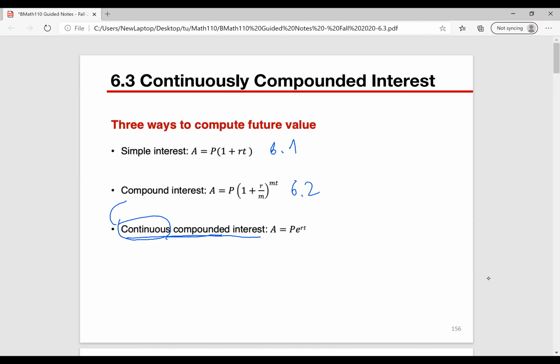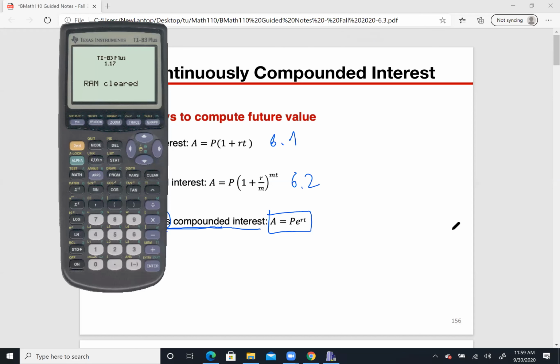And the formula is A equals P times e^(rt). E in here is the Euler number, which usually appears in your calculator as an e. I'm not sure if you have a TI-83, but let me show you. Here is a TI-83. If you want to see the number e, take a look at the ln key over here.